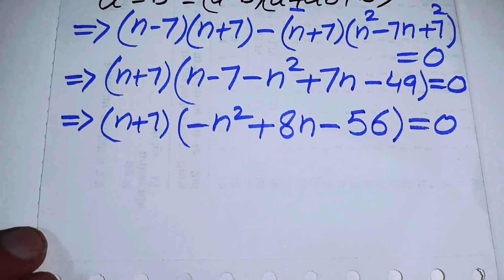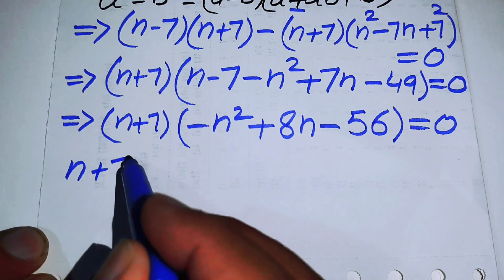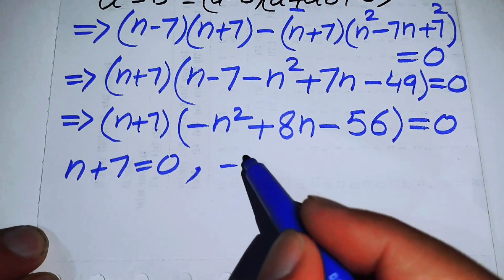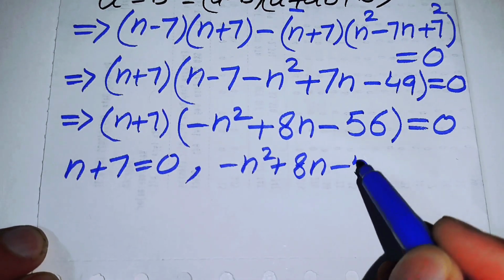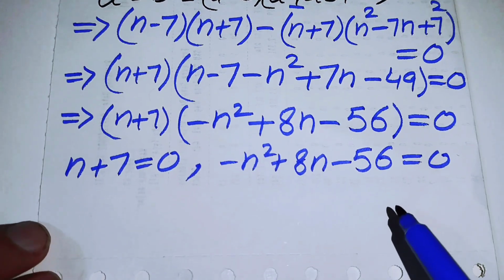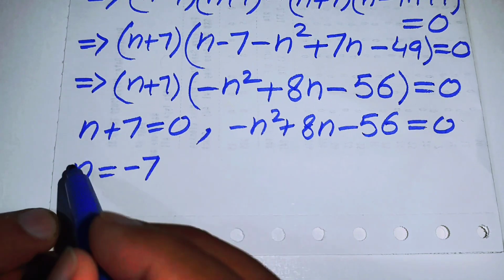Now in the next step, you can see we have two cases. The first case is we take n plus 7 equal to 0, and the other case is we take minus n squared plus 8n minus 56 equal to 0. So in the first case, you get the value of n is minus 7.